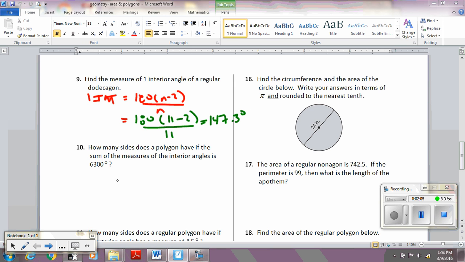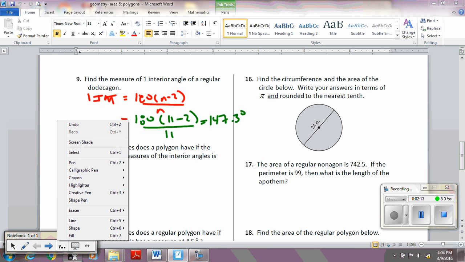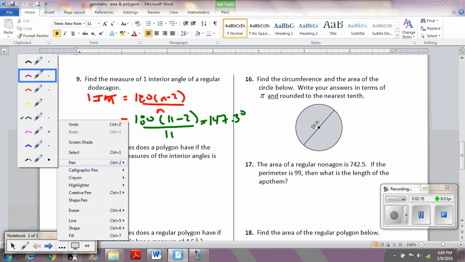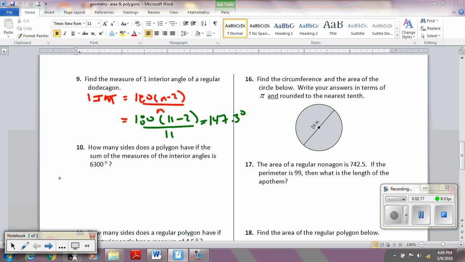Number 10 says, how many sides does a polygon have if the sum of the measures of the interior angles is 6,300? The formula for the sum of interior angles is 180 times n minus 2.